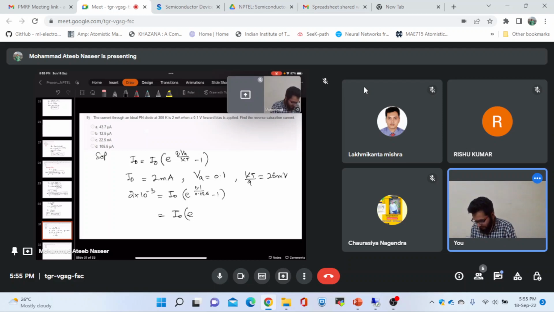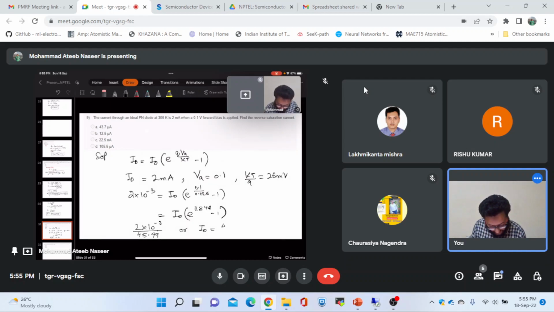This is 3.846 minus 1, or simply this is 2 into 10 raised power minus 3 divided by e to the power this thing minus 1, this will be 45.99, और simply I naught हमारे पास आएगा 2 divided by 45.99, which is 0.043.